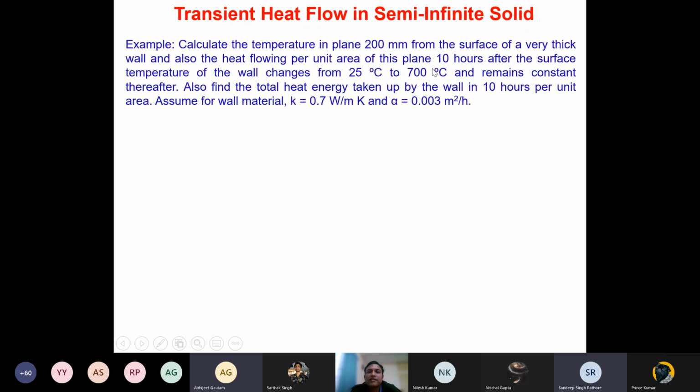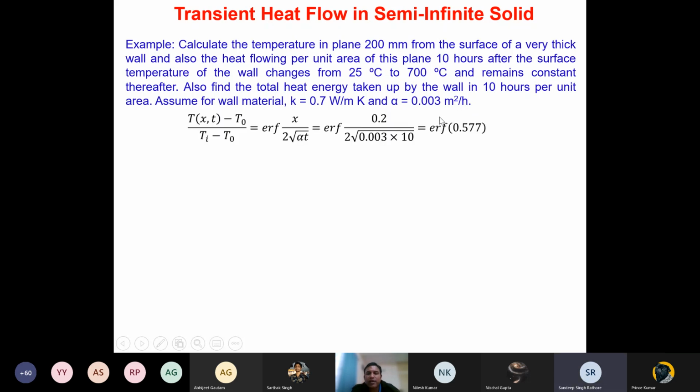In this case, 25 was the initial temperature, and then suddenly we have changed to 700, isn't it? Correct. Also find the total heat energy taken up by the wall in 10 hours per unit area. Assume the wall material thermal conductivity is given, and the diffusivity is given, that is 0.003 meter square per hour. So we can calculate in per second also, isn't it?